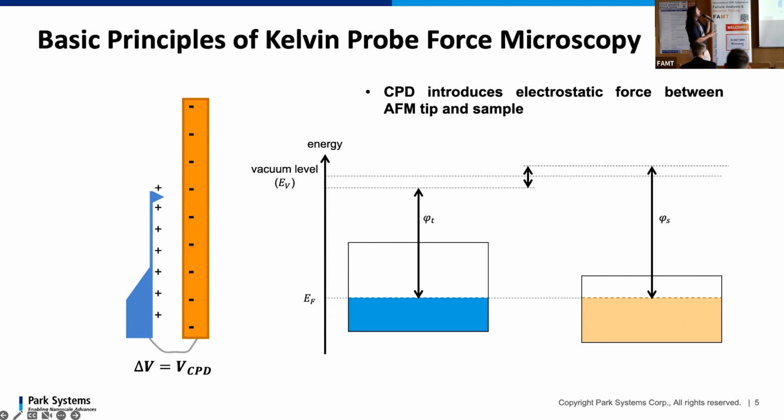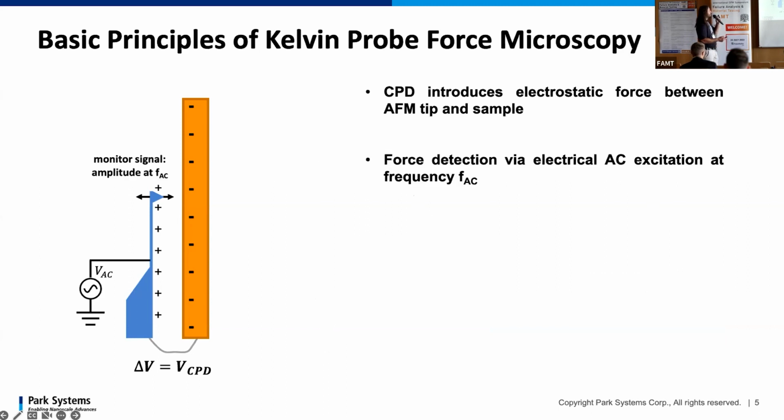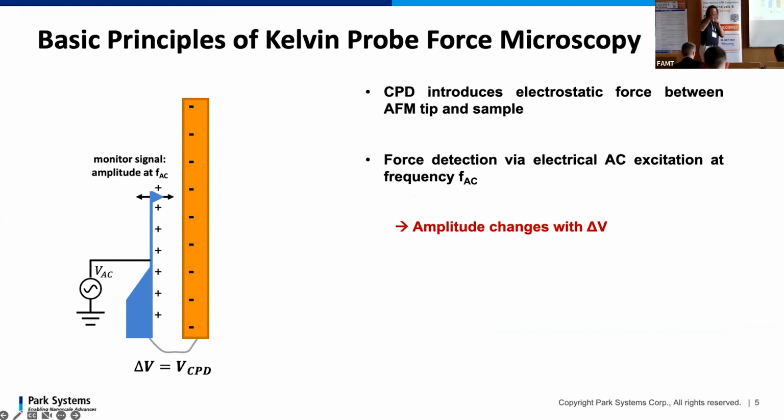And since we then have a net electrostatic charge between these two materials, we can measure an electrostatic force. This we usually do by additionally applying an electrical excitation, an AC excitation, with a given frequency FAC. And the amplitude of this excitation depends on the potential difference between these two.